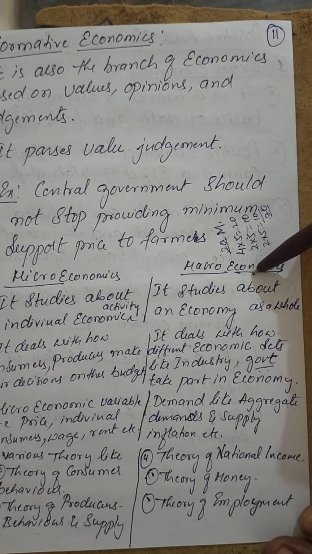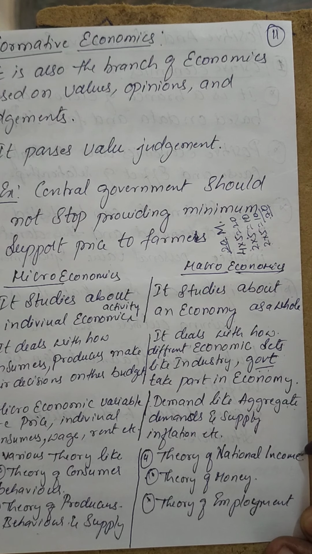We are going to discuss here the whole nation's income. Nation might be India, nation might be US, nation might be London, or any other nation. So it regards the nation's economy, which is macroeconomy. And also the second point, in that theory of money we are going to deal.